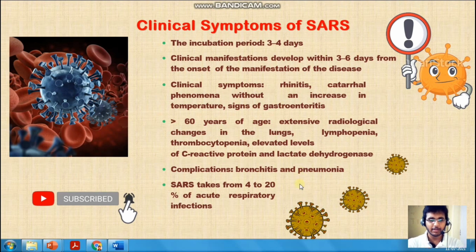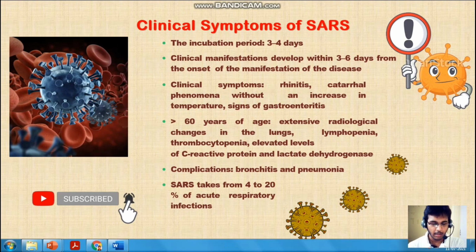People in the age group of 60 plus were more vulnerable. Extensive radiological changes in the lungs occurred during the SARS-CoV infection. Lymphopenia and thrombocytopenia occurred, and elevated levels of C-reactive protein and lactate dehydrogenase were also diagnosed.